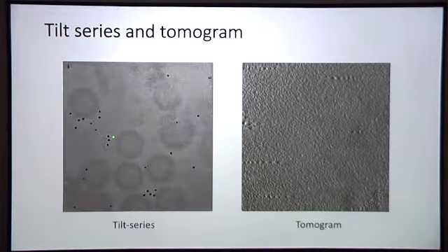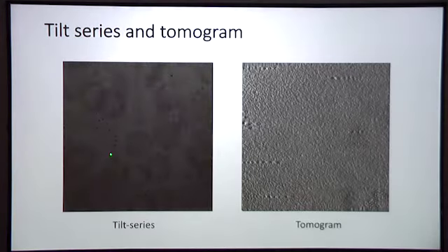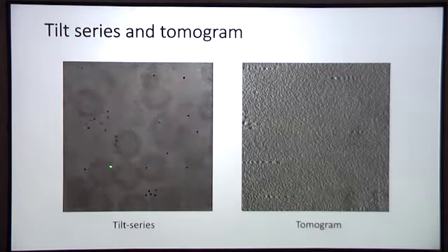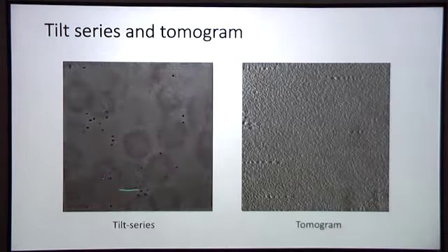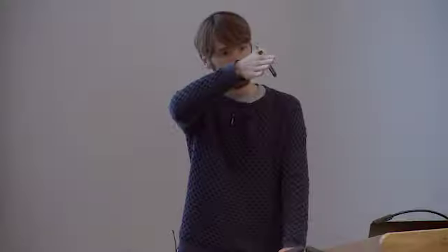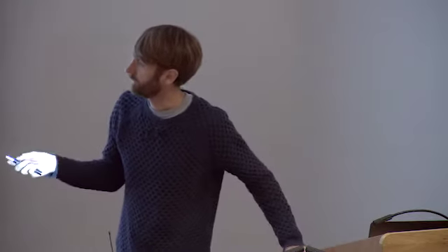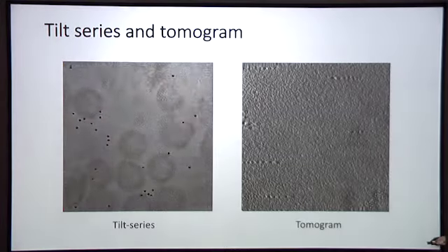You can see black gold fiducial markers. These are 10 nanometer gold beads that are used for the reconstruction. And you can see that as we go to higher tilt angles, the image gets darker, and that's because at higher tilt angles, that slab of density appears thicker to the electron beam, and less electrons get through, so we end up with a darker image.